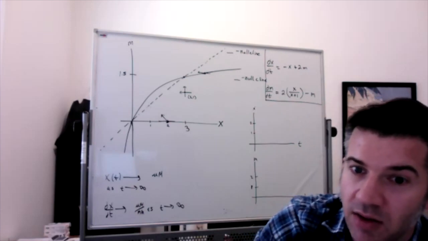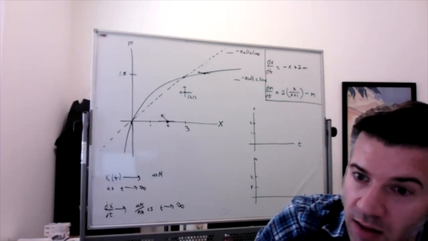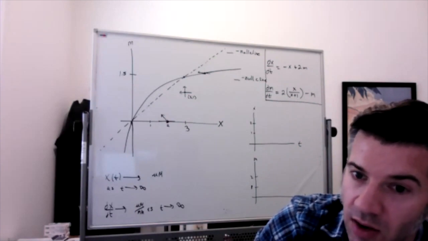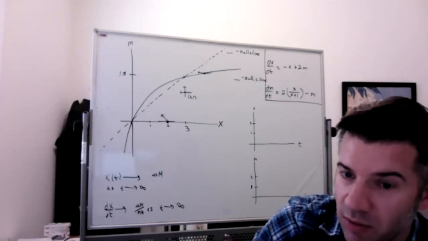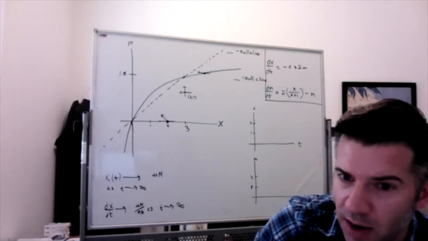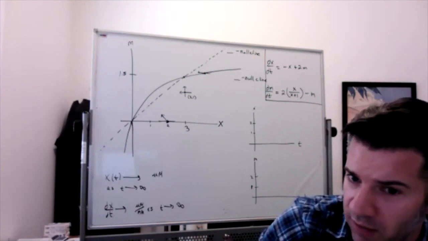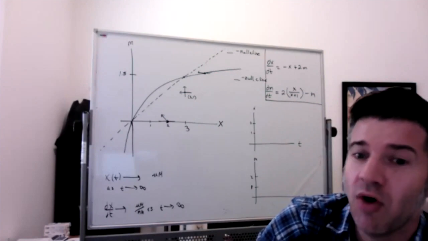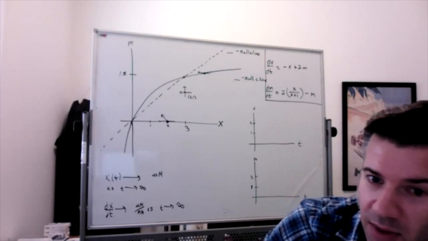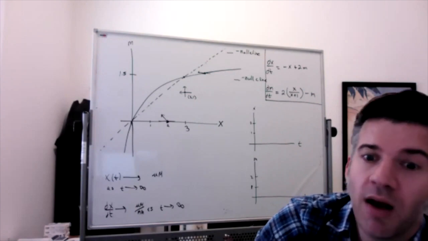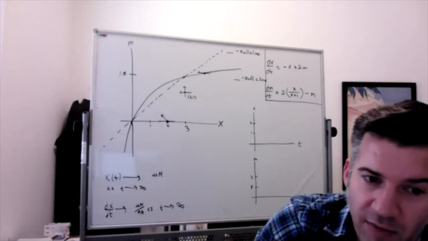M and X are the concentrations of mRNA and protein. So M is the mRNA and X is the protein, in micromolar, I have no idea what the capital M stands for. I don't really care. And t is the time, of course.